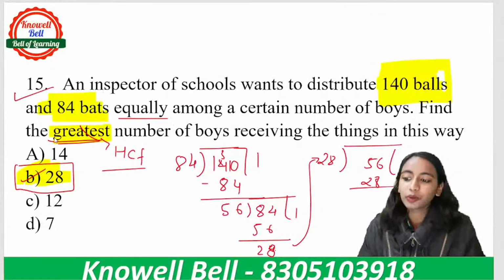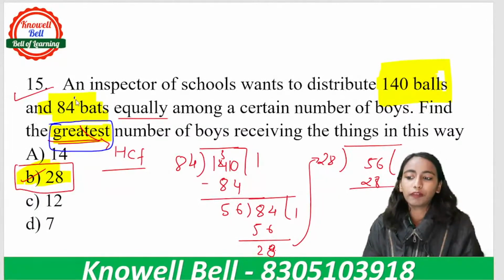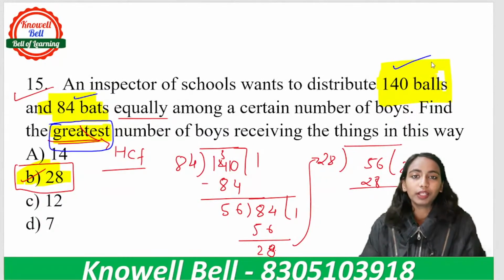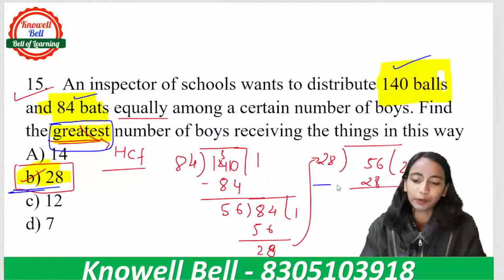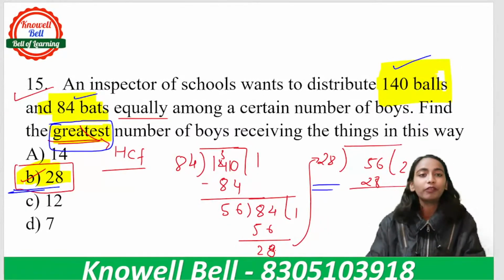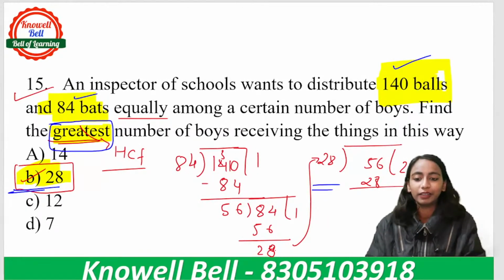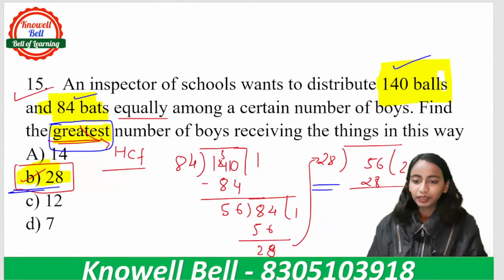Greatest is written here, right? That means what we have to find? Just the HCF. So we will find the HCF of 84 and 140. What will our answer come? Our answer will be 28. Look here, we calculated. So all we have to do, Aradhya, is calculate the HCF.